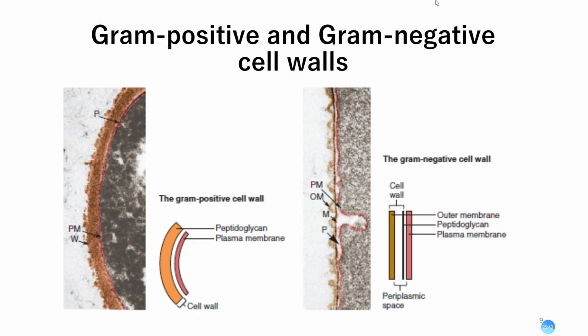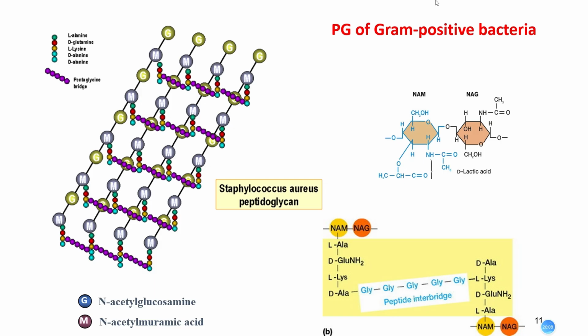I wanted to lyse a Staphylococcus, but I feel that it's so hard in the lab to lyse the cell, to break the cell because of the cell wall. We usually treat the cell with enzyme to digest the cell wall in the lab for over half a day so that we can finally break the cell wall. So it's very, very rigid, very hard to break. So yeah, this is the gram-positive bacterial cell wall, the peptidoglycan.